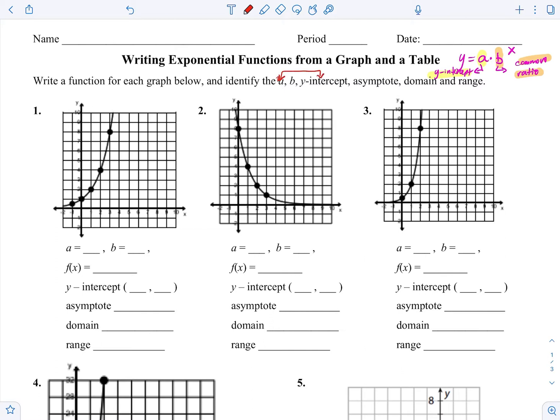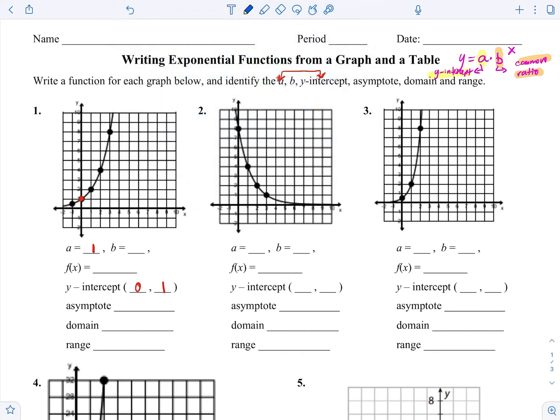It is our starting point. All right, so that's right here. Since the y is 1, our a is 1. To write our y-intercept, we just include the x value, which is 0, so (0, 1). All right, so we're done with that part.